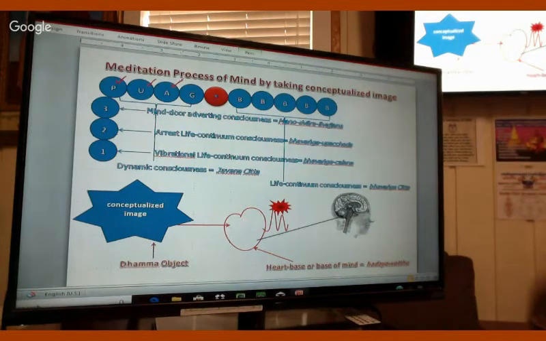Anuloma means conformity, making a confirmation. And G is Gotravu. Gotravu is a change of lineage, from the Rupa jhana into Arupa jhana. Gotravu has many different kinds, and it could also be the enlightenment.